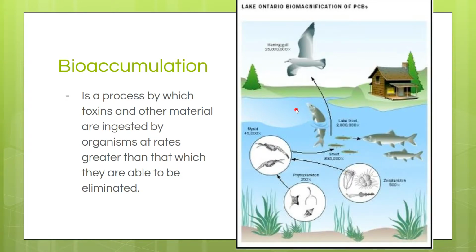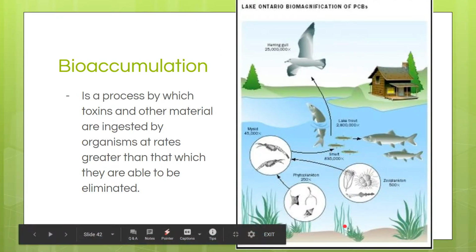Bioaccumulation, different than eutrophication. Okay, bioaccumulation is a process by which toxins and other materials are ingested by organisms at rates greater than that which they are able to be eliminated. Okay, so my example here, let's say we have mercury leached into the lake, right?